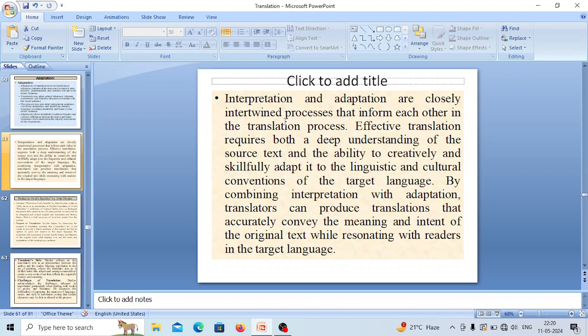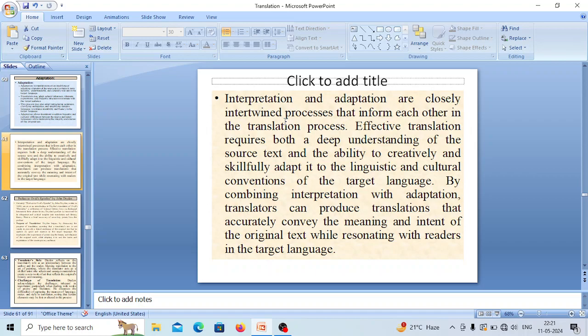Now, in the last video, we covered interpretation and adaptation. These are two important topics in translation, and we understood how they are closely intertwined. That means they are closely mixed processes that inform each other in the translation process. So, effective translation requires both interpretation as well as adaptation.